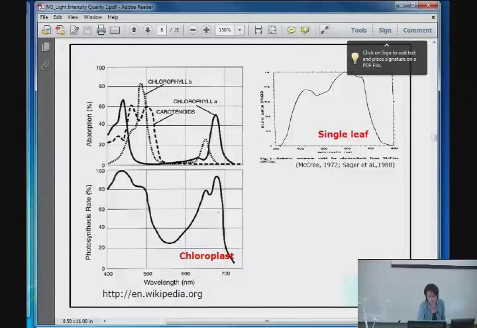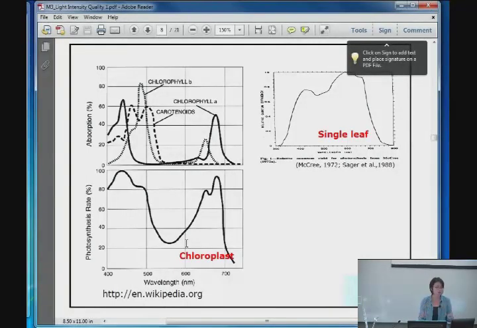it still has high peaks or efficiency in the red and blue, and then you start seeing green light driving photosynthesis too. So you may have the misunderstanding that plants don't use green light at all, and therefore they look green, but that's actually not true.